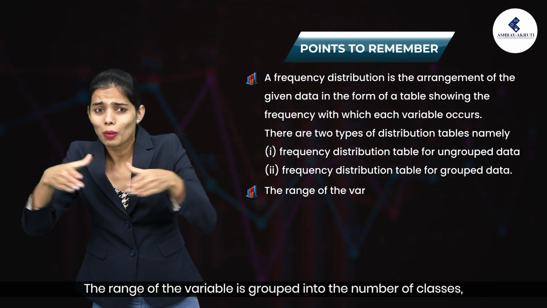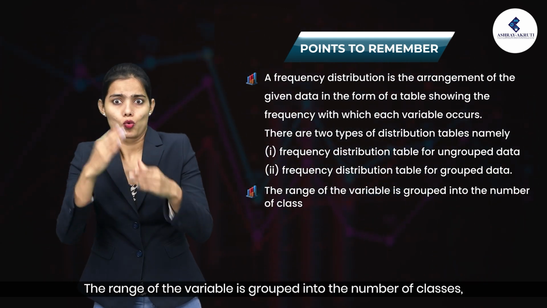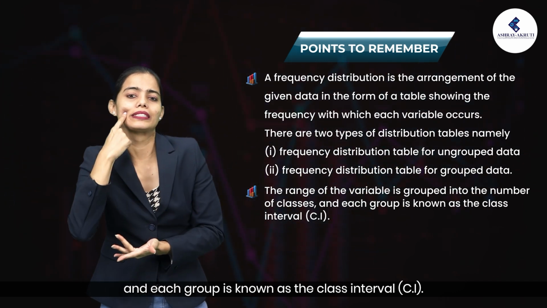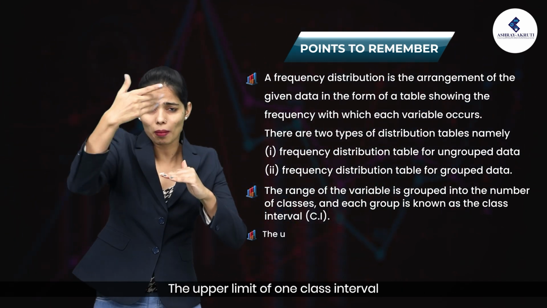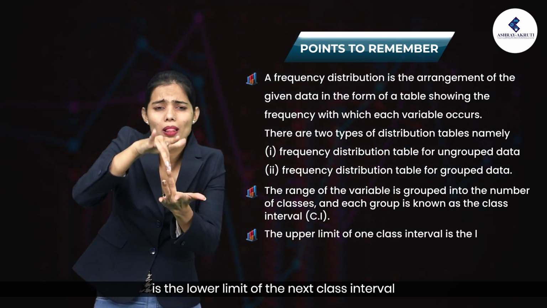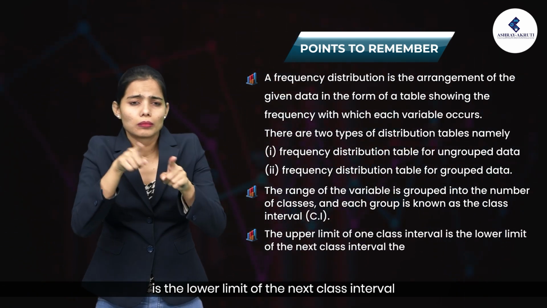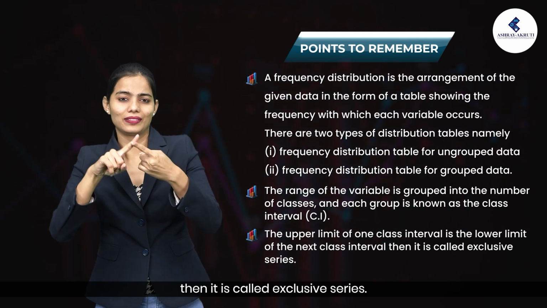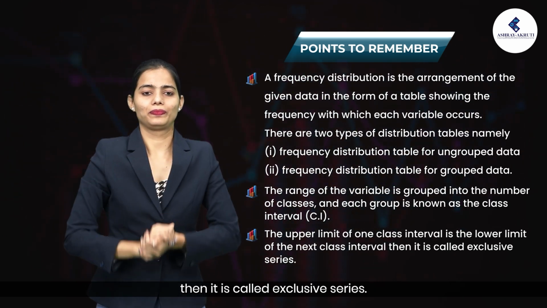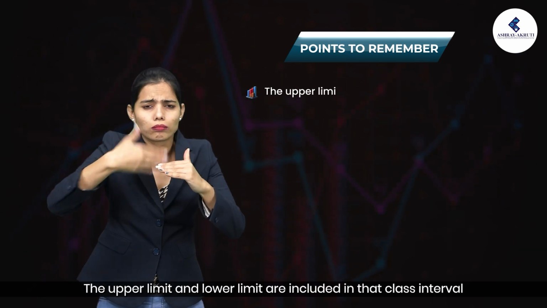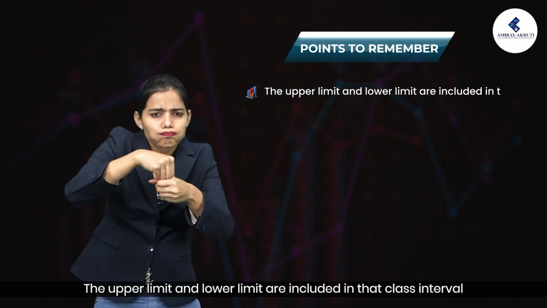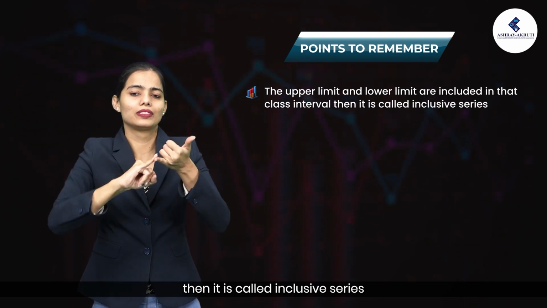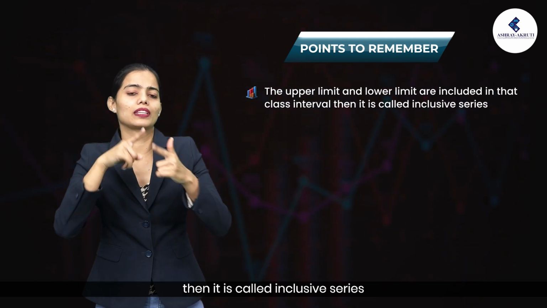The range of the variable is grouped into a number of classes and each group is known as the class interval. If the upper limit of one class interval is the lower limit of the next class interval, then it is called an exclusive series. If the upper limit and lower limit are included in that class interval, then it is called an inclusive series.